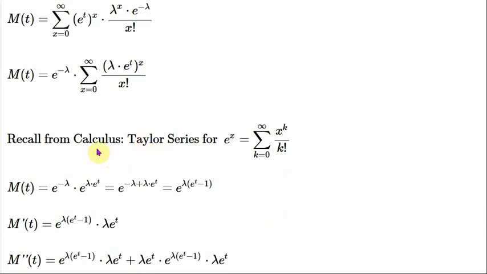Recall from calculus, we have the Taylor series for e to the x is the infinite sum from 0 to infinity of x to the k dividing by k factorial. So this is equal to e to the x, and so this infinite sum right here is going to equal e to the lambda e to the t.